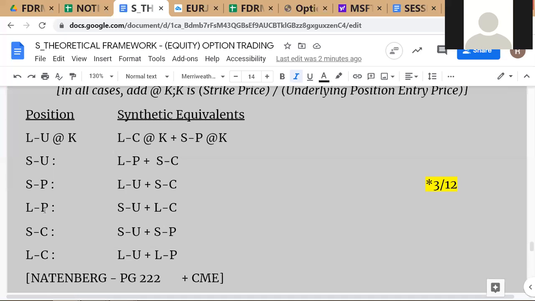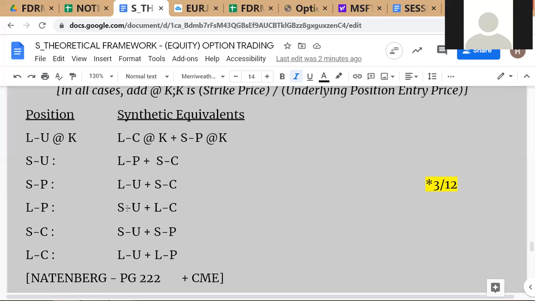I could either buy or sell the long put, and if I'm doing a CRA strategy, if I go long the put, then I should go short the synthetic put. The synthetic equivalent of the long put position is short underlying plus long call.